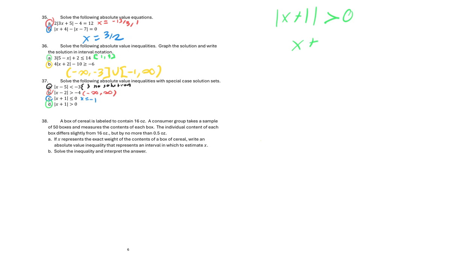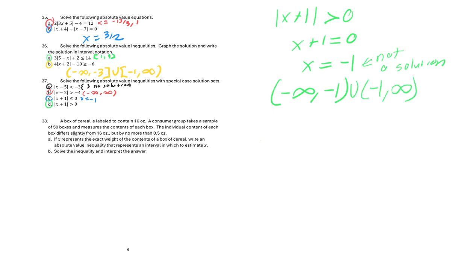So let's just set x plus 1 equal to 0. So when x is equal to negative 1, we have no solution at that point. Not a solution. So essentially what this is saying is that everything other than negative 1 is a solution. So we're going to say from negative infinity to negative 1. And then we're going to union from negative 1 to infinity.